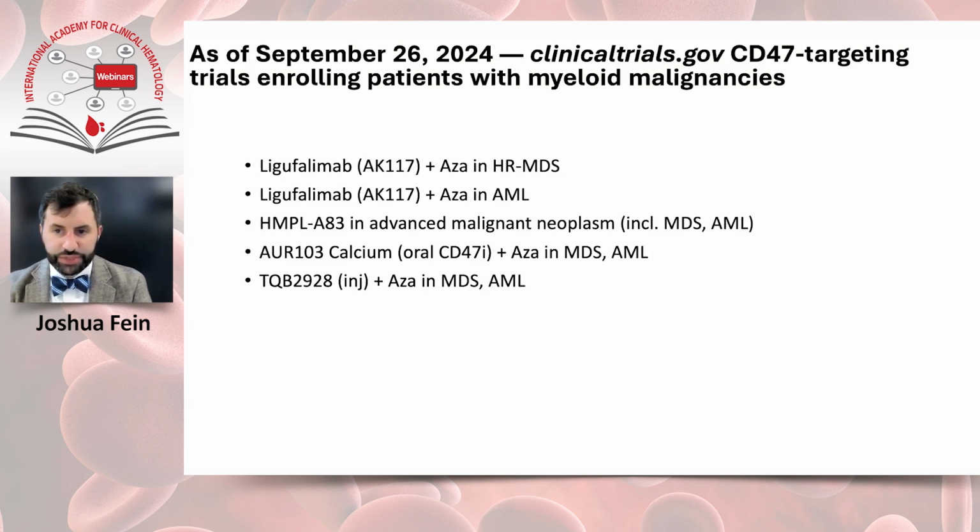But in myeloid malignancies, there are 2 trials with ligufalimab, AK117. There's a trial with HMPL A83, which includes MDS and AML, AUR103 calcium, which is actually an oral CD47 inhibitor, plus AZA, and TQB2928, which is an injected CD47 inhibitor.